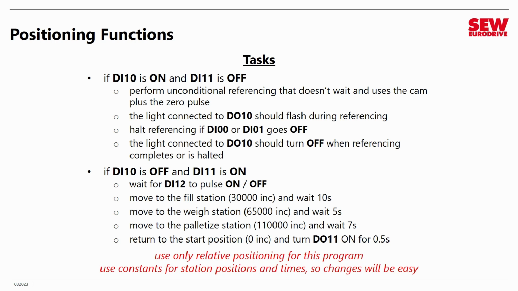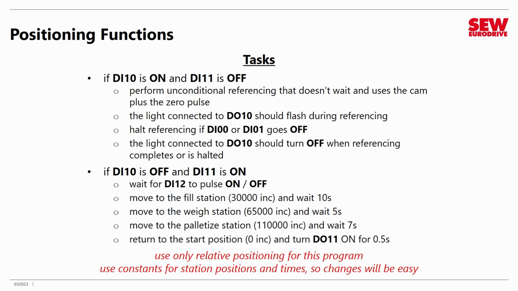Here's the new code. If DI10 is off and DI11 is on, so that's the opposite condition here, you need to wait for DI12 to pulse on-off, move to the fill station, that's at 30,000 increments, and wait 10 seconds. Move to the weigh station, which is at 65,000 increments, and wait 5 seconds.